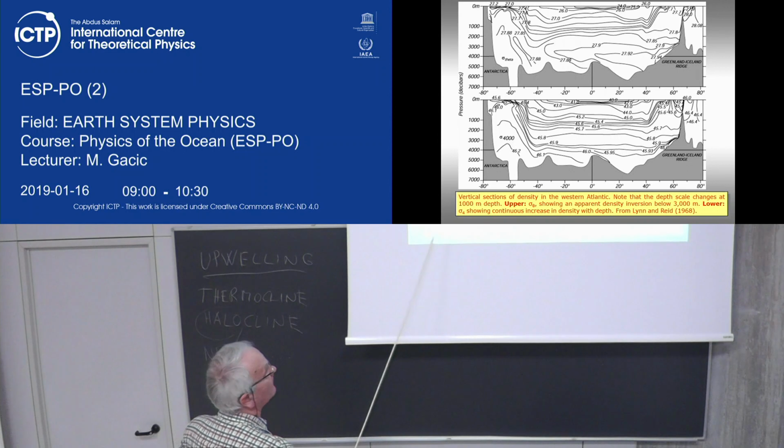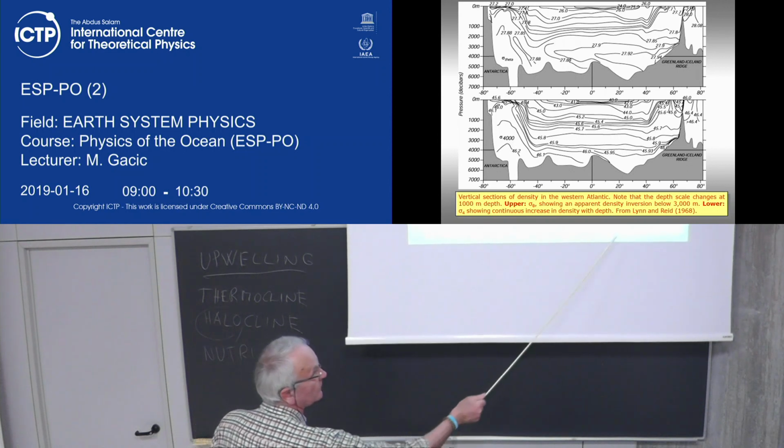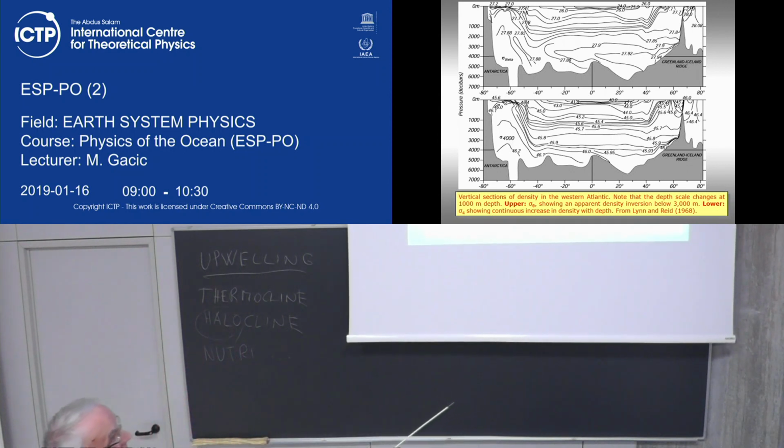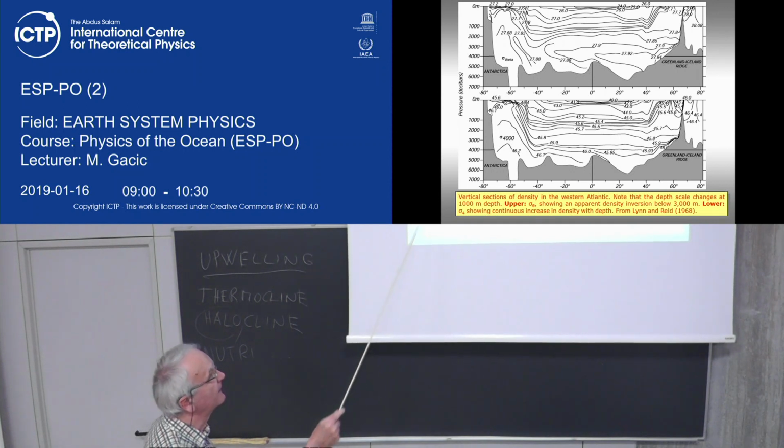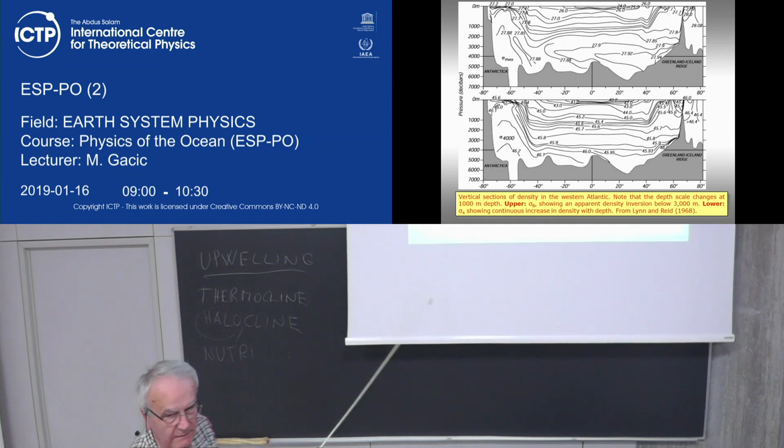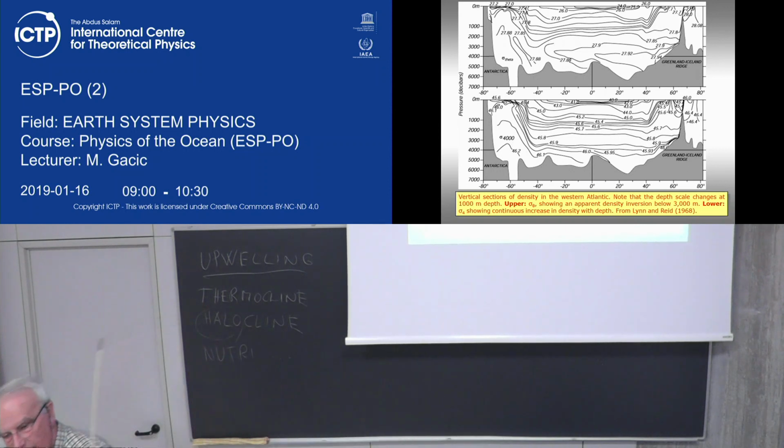So this is from southern to the northern polar areas. And you always have to remember that we have exaggerated the vertical scale 180 times with respect to the horizontal scale in order to see the features, otherwise you wouldn't see anything.